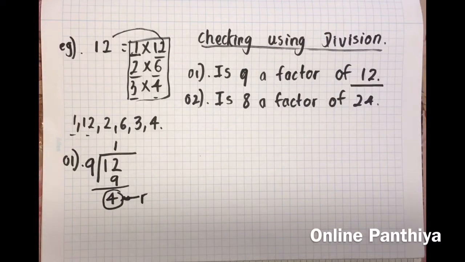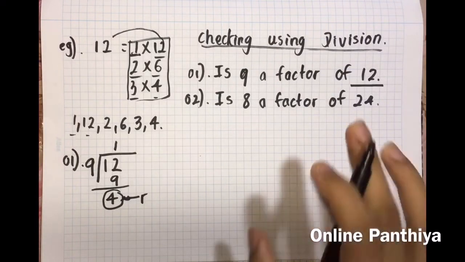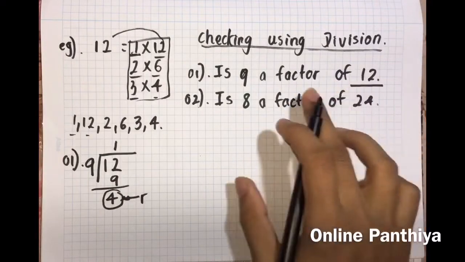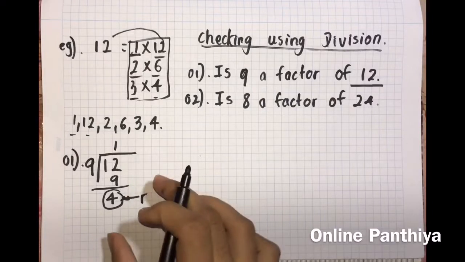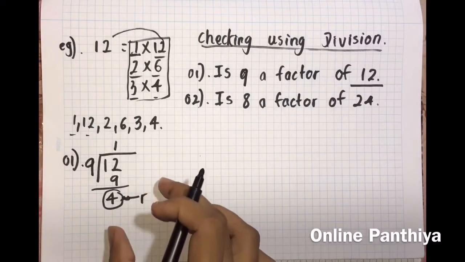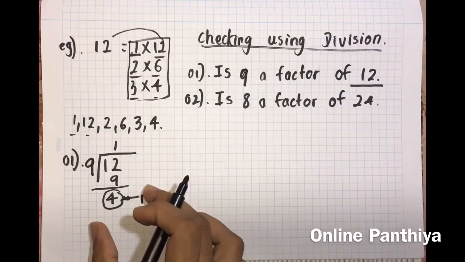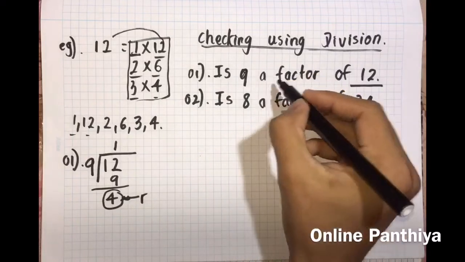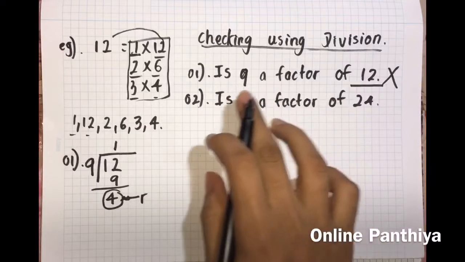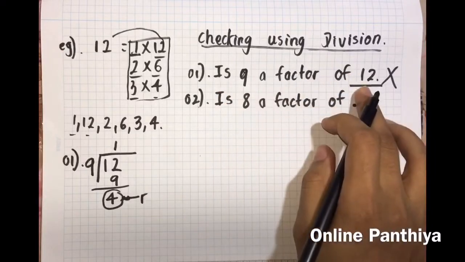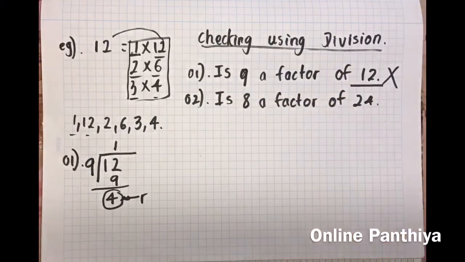Now observe this very carefully. First you have to divide 12 by 9, and if you get a remainder, then it is not a factor. That means for this question, is it true or wrong? Is 9 a factor of 12? Are you going to say yes or no? It is wrong.